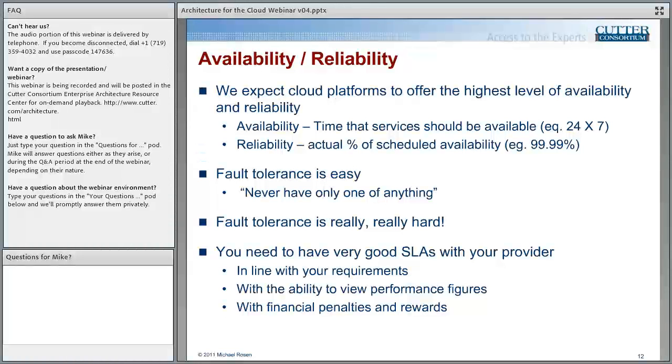So the point of this is that we need to understand the limitations of these cloud providers, and we need to have good service level agreements in place that are in line with the requirements that we have for the systems, that give us the ability to view the performance of the provider against our service level agreements, and where we have penalties in place where those agreements aren't met, and perhaps rewards in place where they're exceeded.